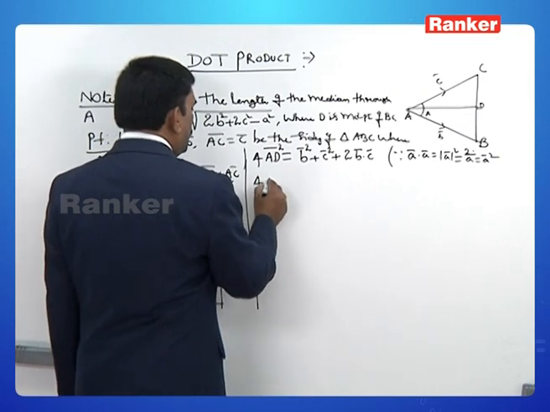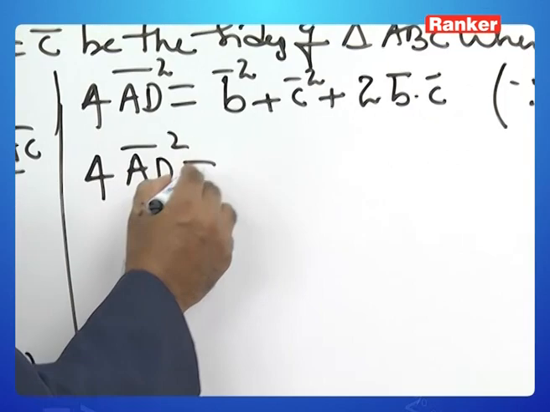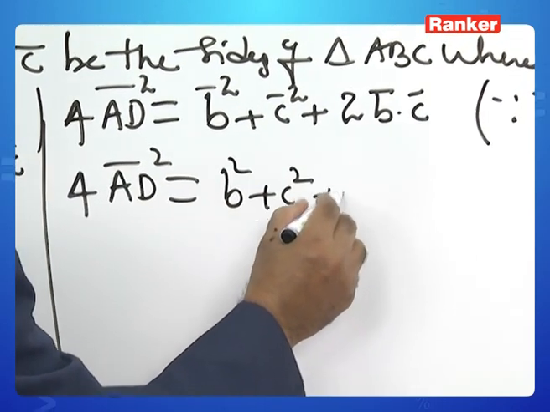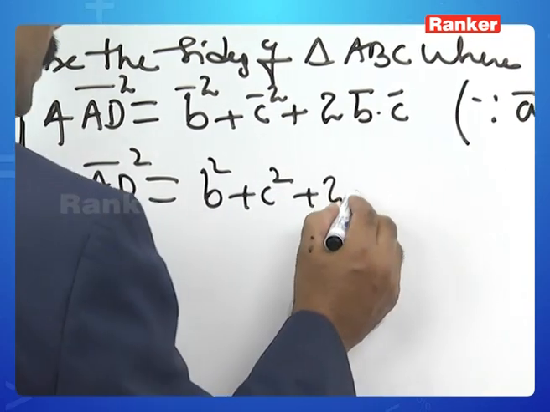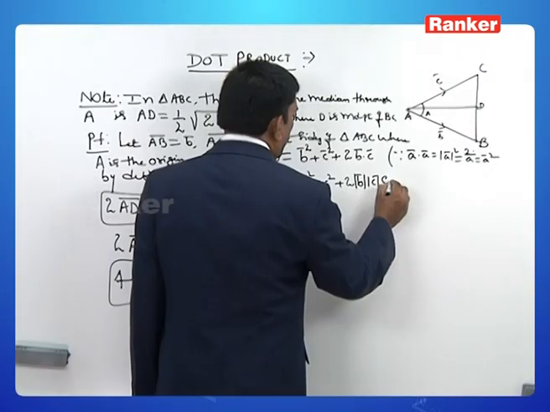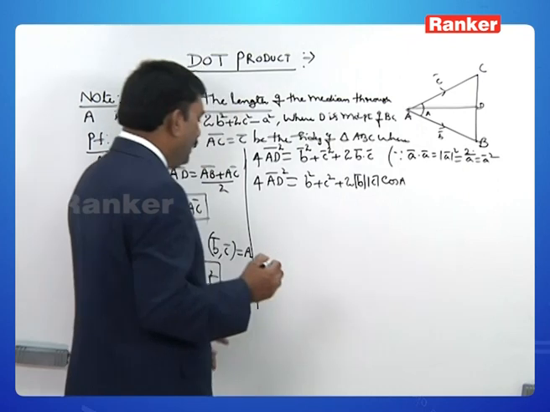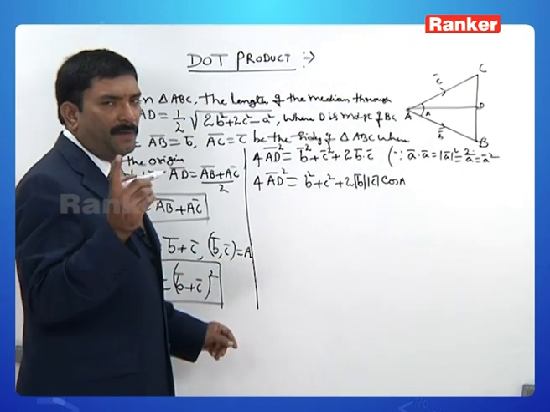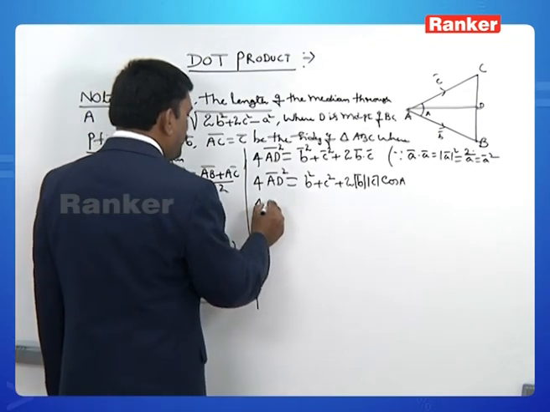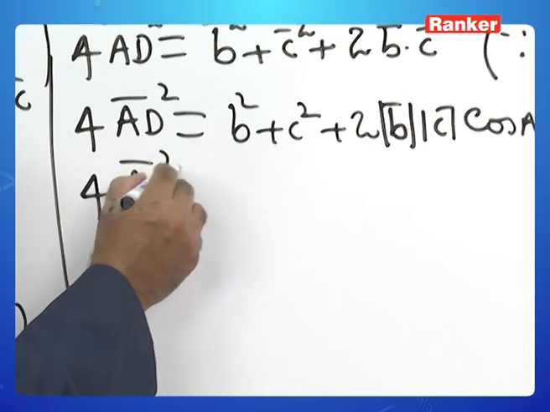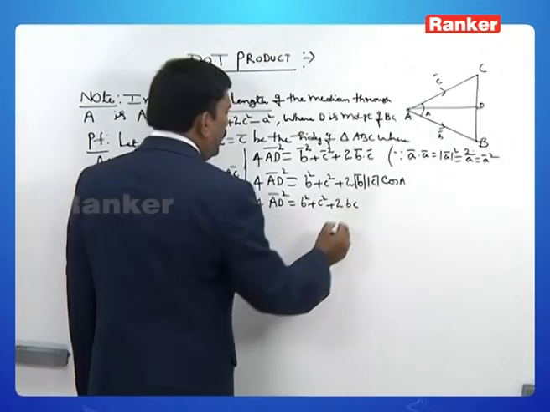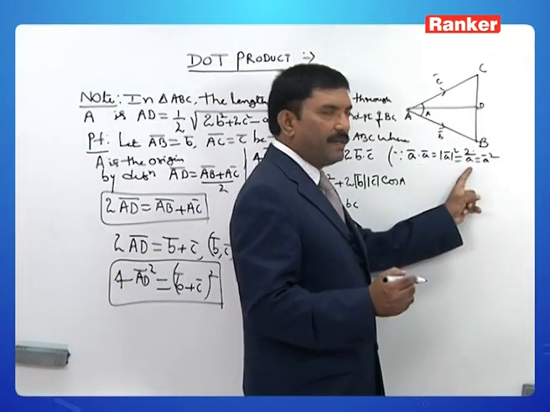Now 4 AD bar square is equal to b square plus c square plus 2 times mod b into mod c into cos A, where A is the angle between b bar and c bar.